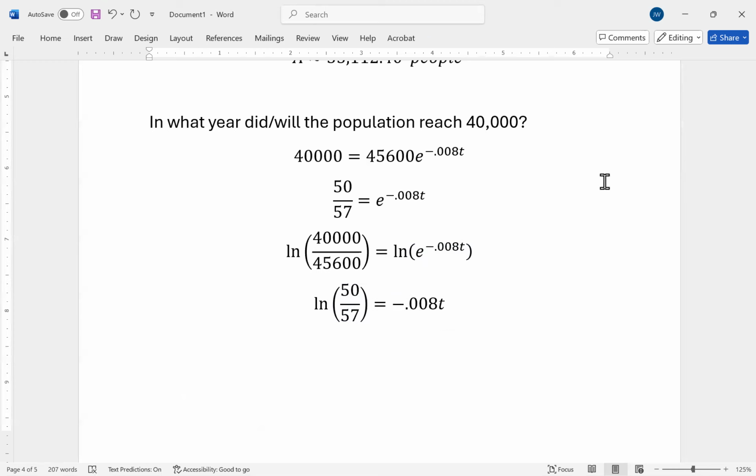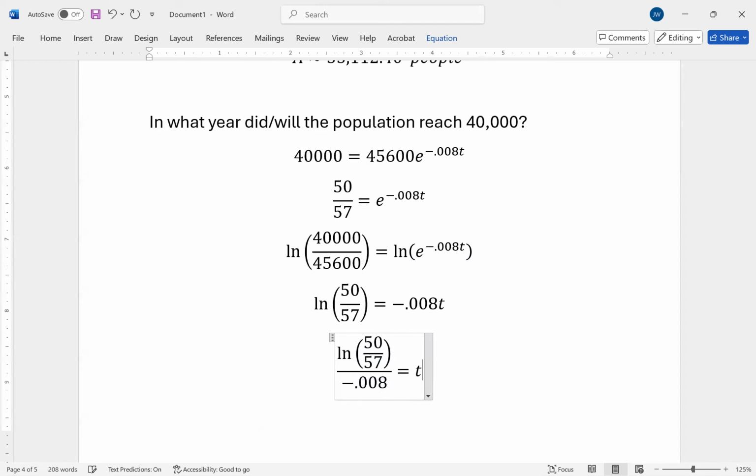And then I can solve this by simply dividing both sides by negative 0.008. So I'd take natural log of 50 over 57, or like I said, if you want to keep it as 40,000 over 45,600, that's fine too, and divide it by negative 0.008.